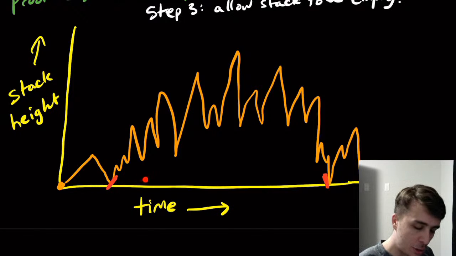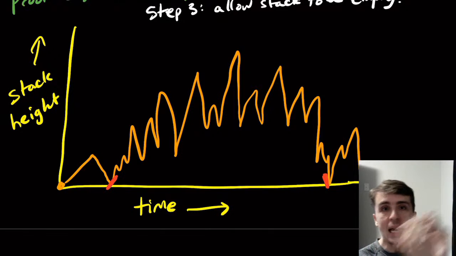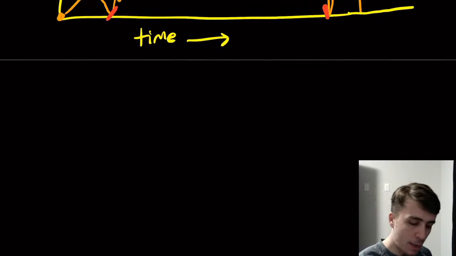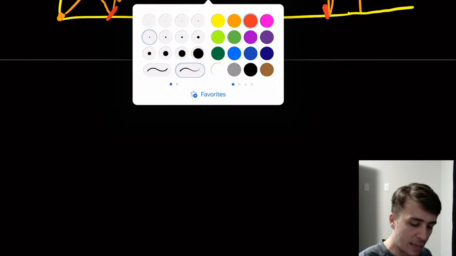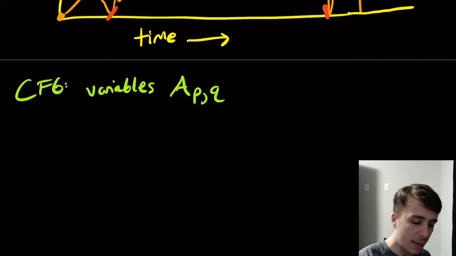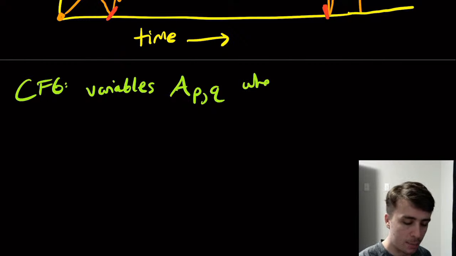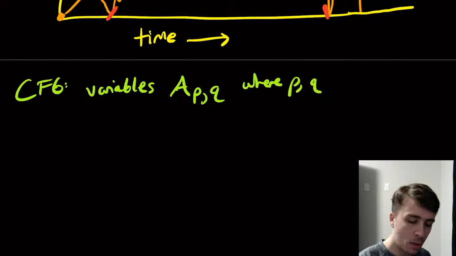Okay, so then what do we actually do with this? It actually is just a very simple base case induction type argument. So the way that the grammar is created, what is the CFG going to have? It's going to have variables A sub P Q. So this is just standard notation, where P and Q are states of the PDA.